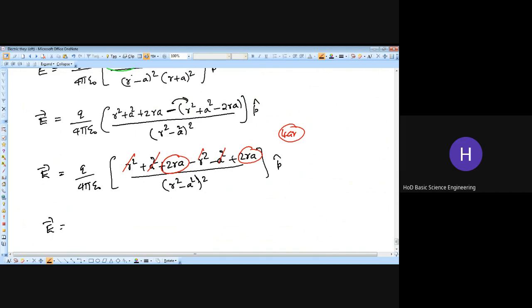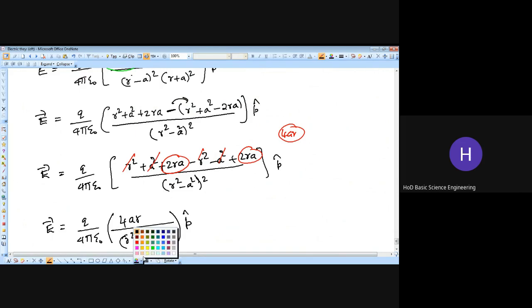So the electric field is Q by 4 pi epsilon naught, 4AR or 4RA divided by (R square minus A square) whole square, into P cap.